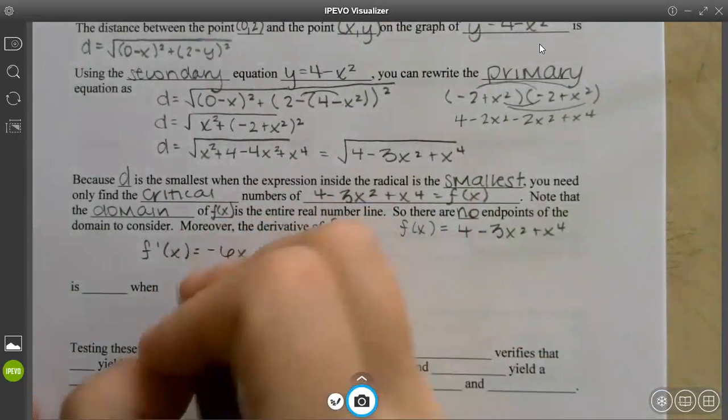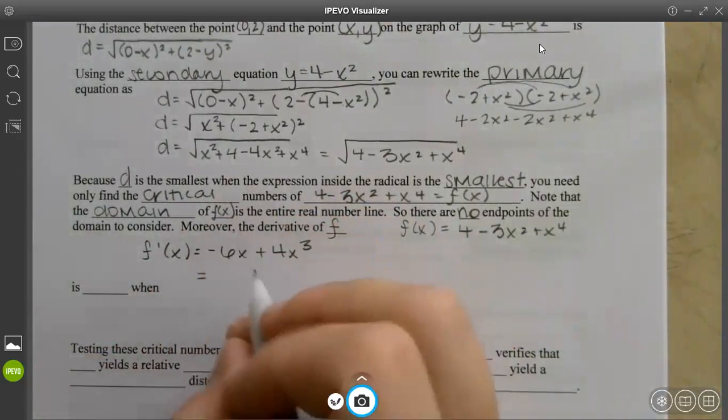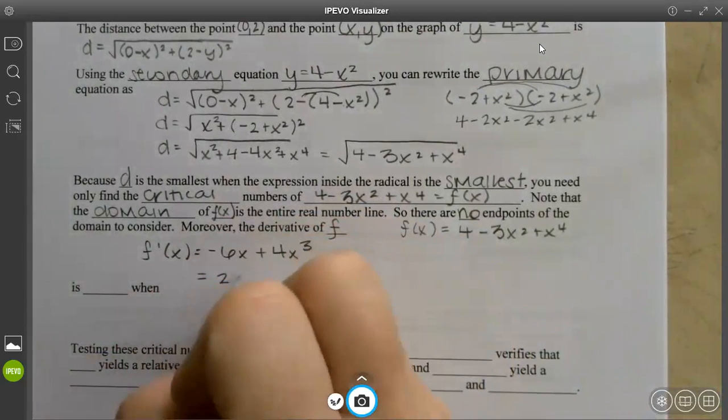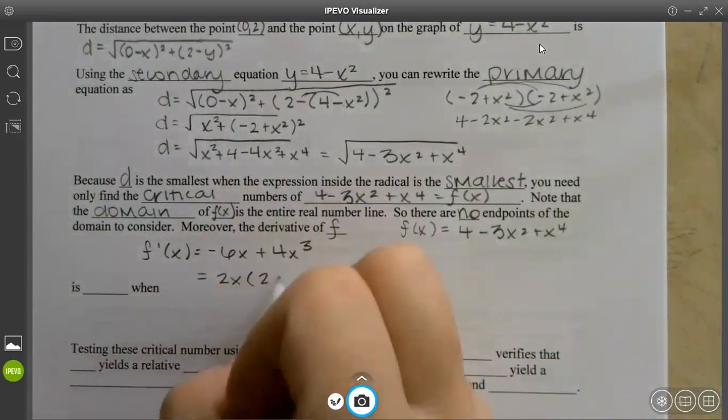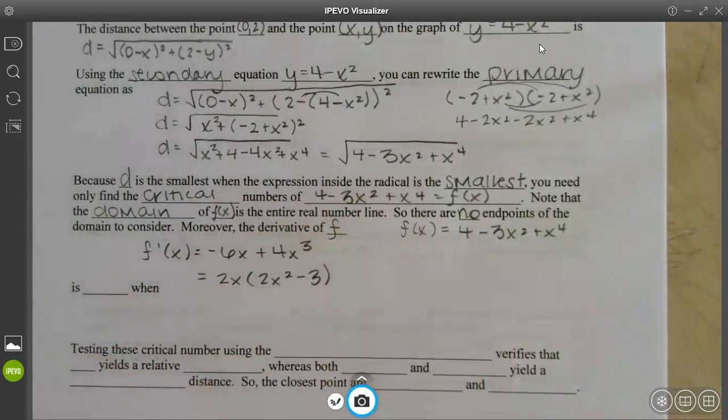And then they also factor it out. You do not have to factor it out. I just, if you look in your book and follow through or whatever, you're going to see that they take out a 2x and get 2x squared minus 3. It flipped around.